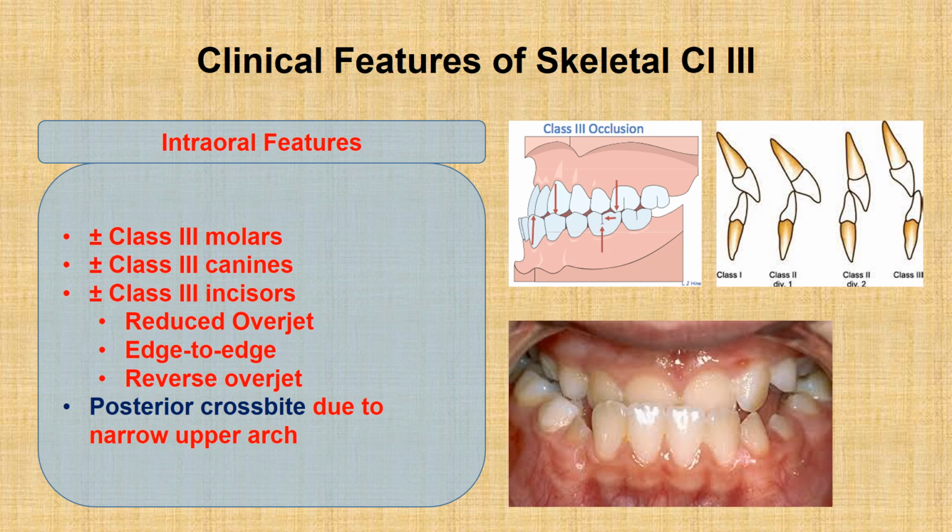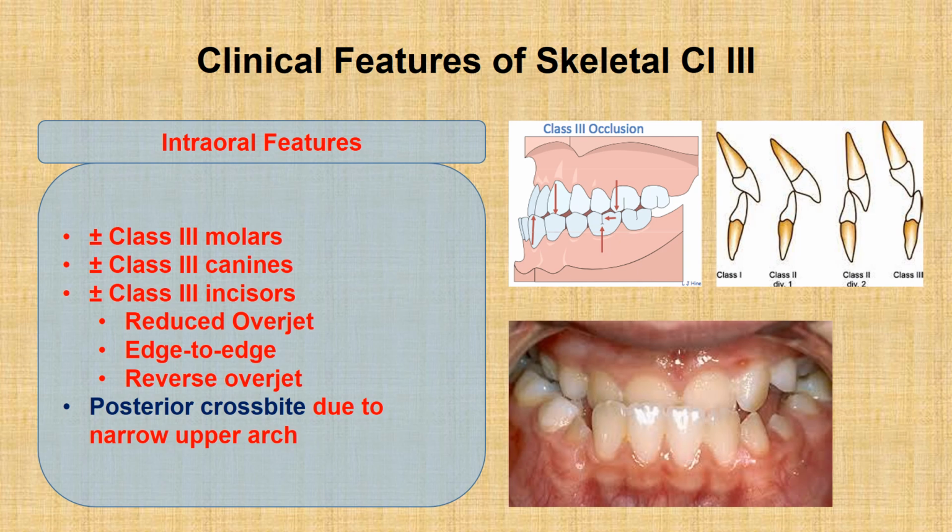Now, what are the intraoral features of a skeletal class 3? In a skeletal class 3, you may get class 3 molars, canines, and class 3 incisors. When we mean class 3 incisors, it is not just a reverse overjet; it can be an edge to edge incisor relationship, or it can be a reduced positive overjet whereby the lower incisors are occluding forwards of the cingulum plateau.